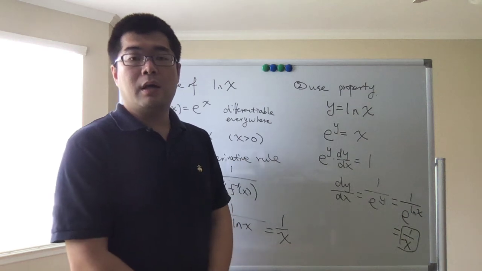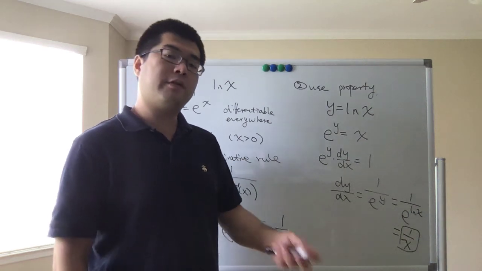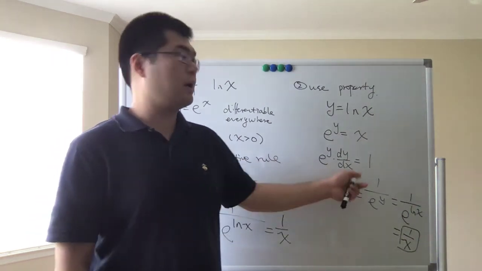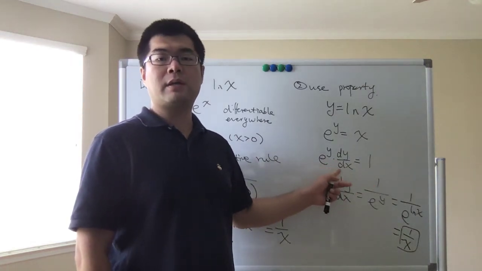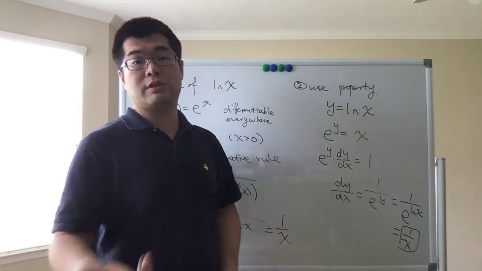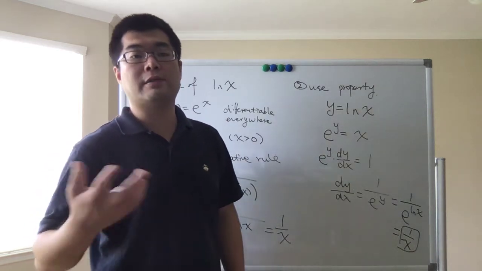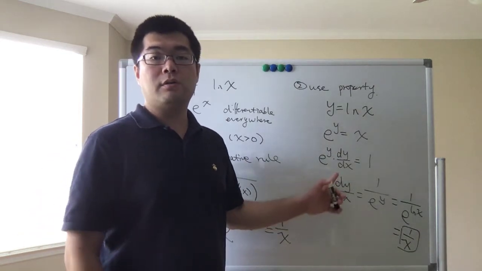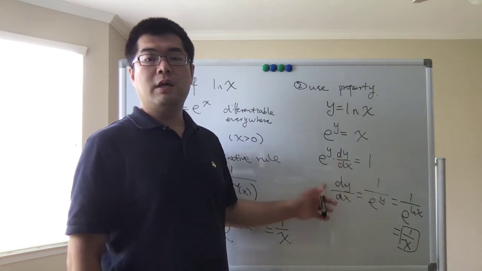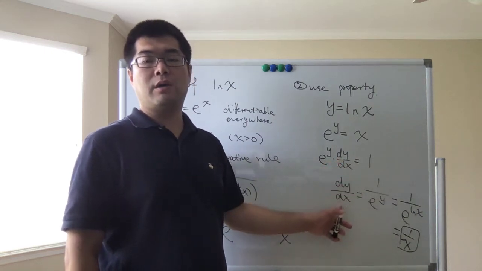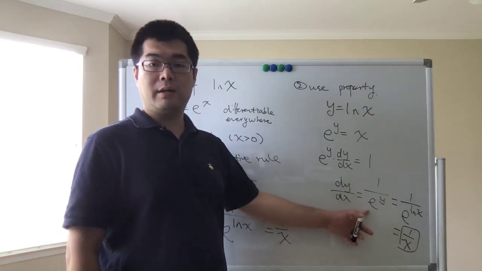And then, as you see, take the derivative with respect to x on both sides. The right hand side equals 1. The left side equals e to the power y times dy dx. Again, you're going to use the chain rule and treat y as a function of x. So our goal is to figure out what is dy dx. So dy dx equals 1 over e to the power of y, right?